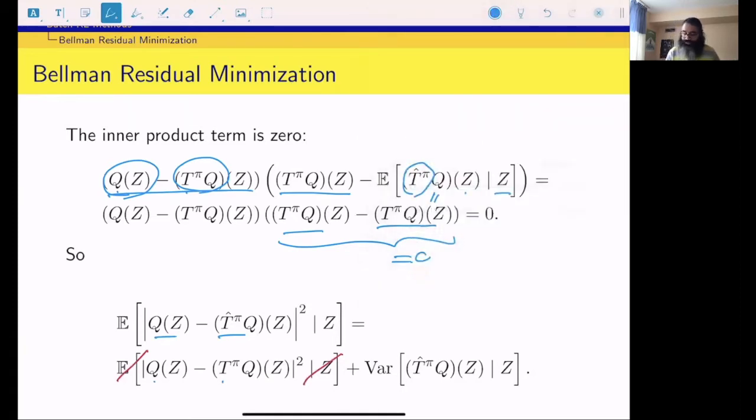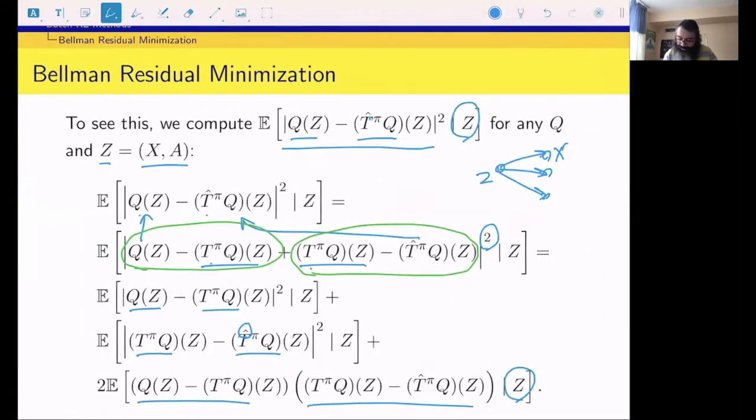plus the other term. What was the other term? The other term was the expectation of T pi Q minus T hat pi of Q. So T pi of Q was the expectation of T hat pi of Q. So this whole term essentially becomes a variance term.